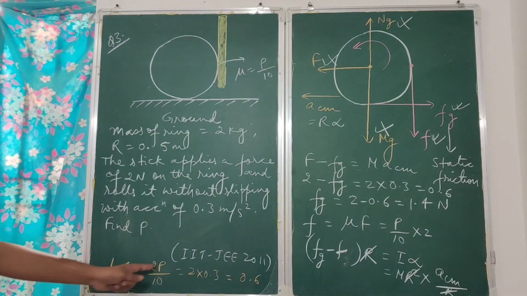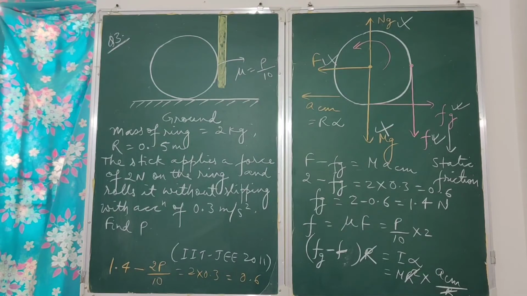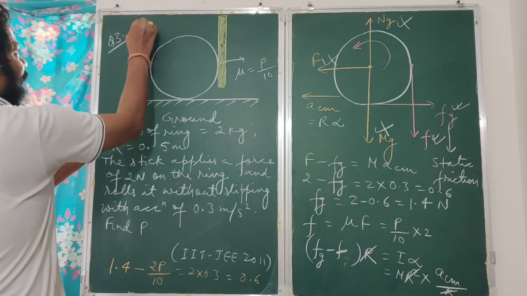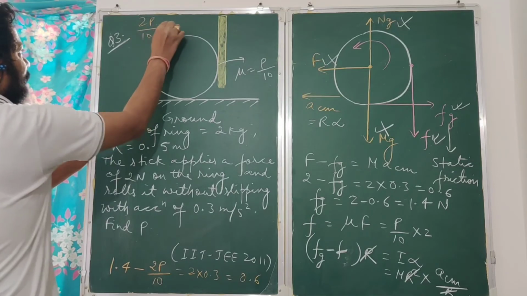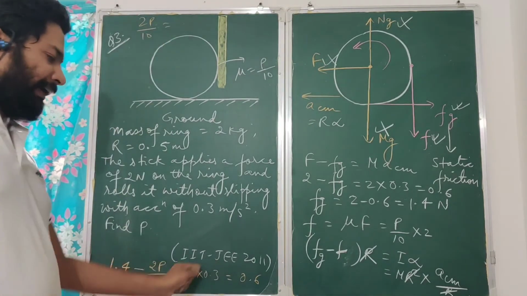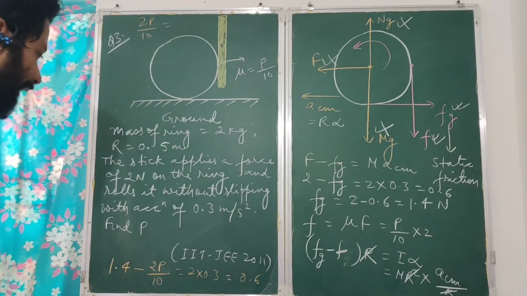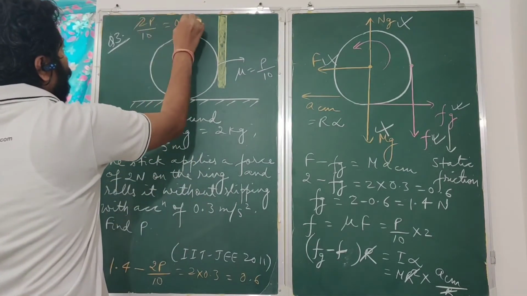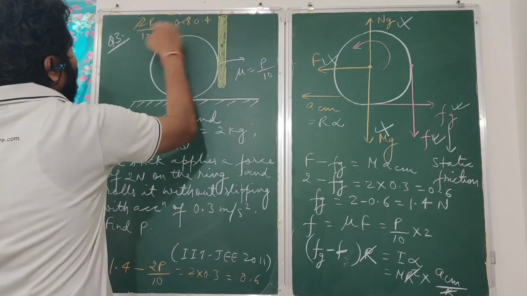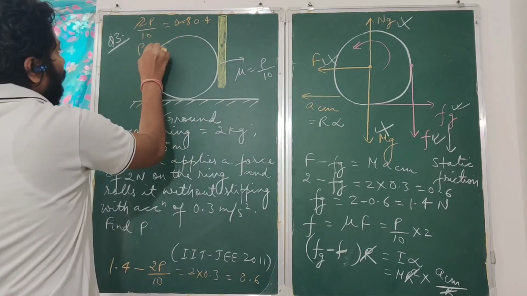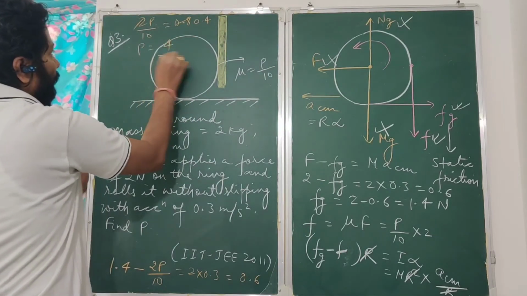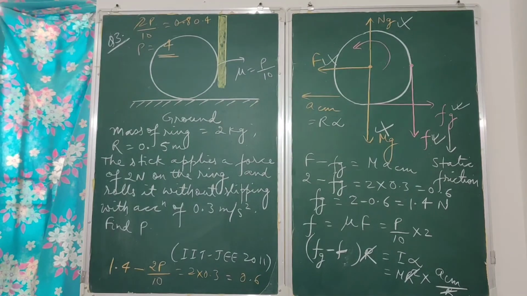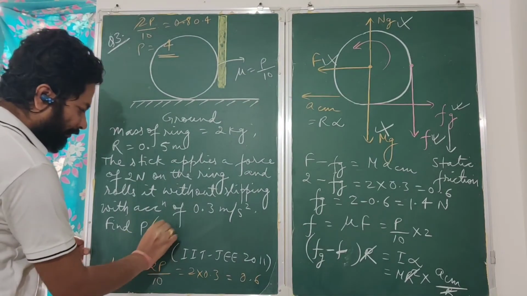So what will be 2P by 10? We can write 2P by 10 as equal to 1.4 minus 0.6, which is 0.8. So P is 0.4 into 10, which is 4. So the answer for this question is that the value of P is 4.